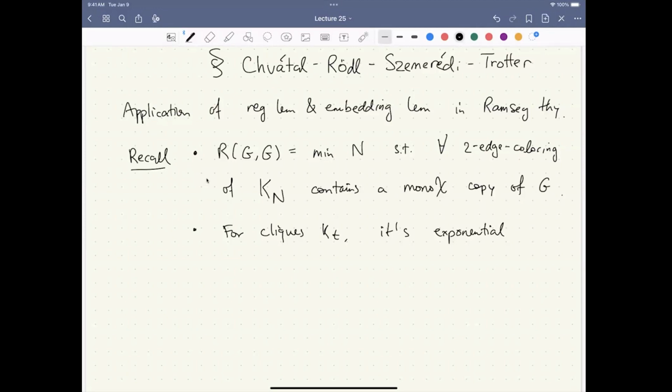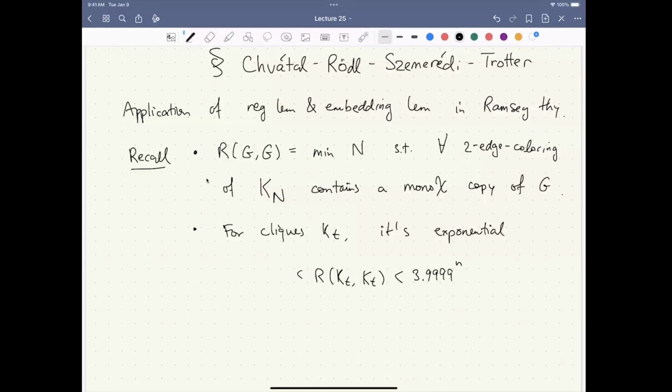So R(K_t) is less than something slightly less than 4 to the t, and bigger than roughly square root 2 to the t.